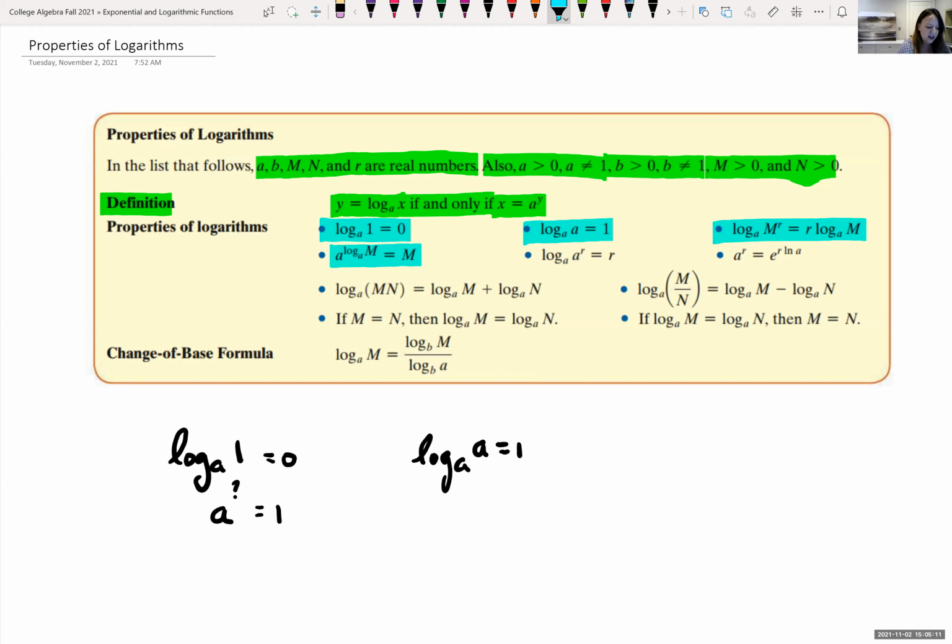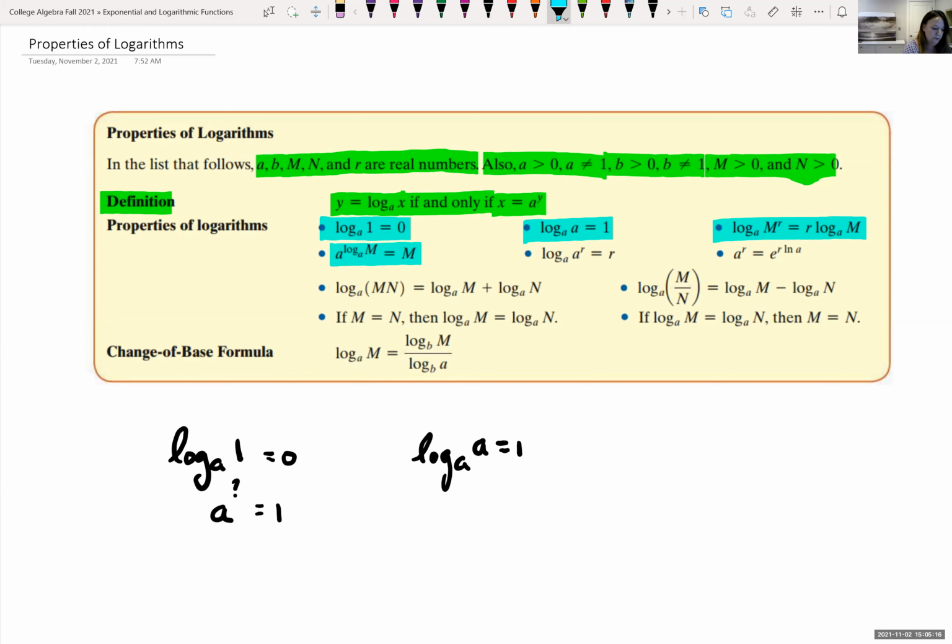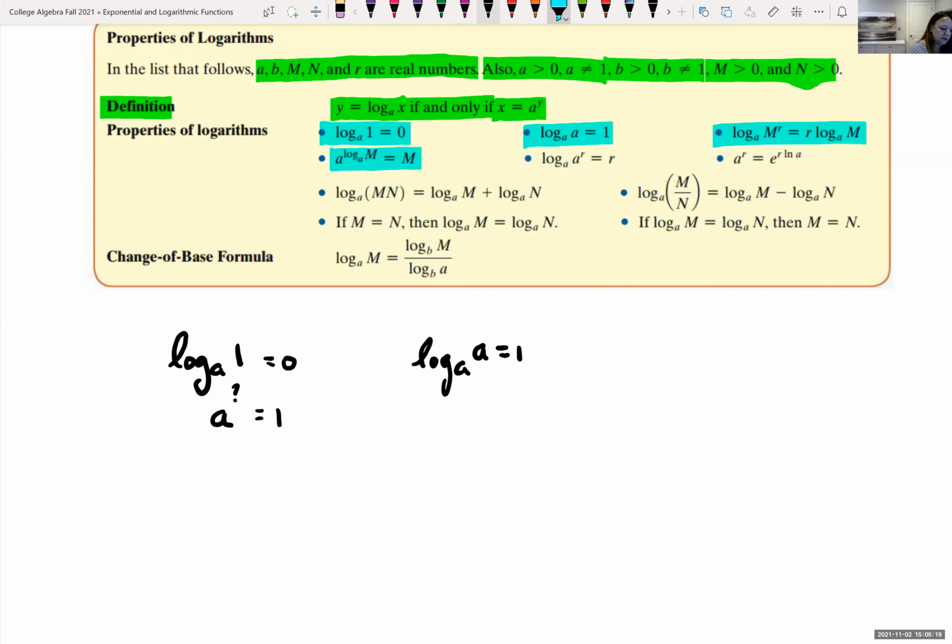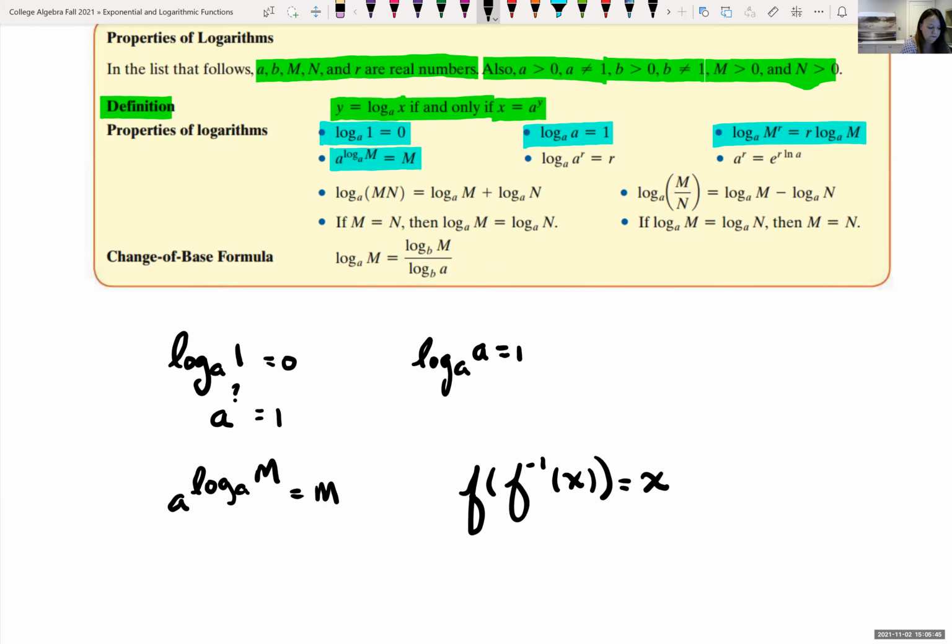And this one, a raised to the log base a of m is equal to m. So let me actually show you this one. By definition, a function and its inverse, if we take the composition of those two, this is equal to x.